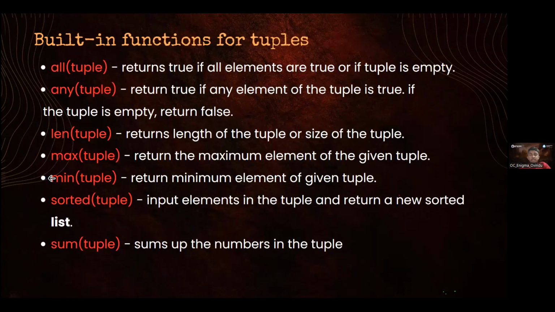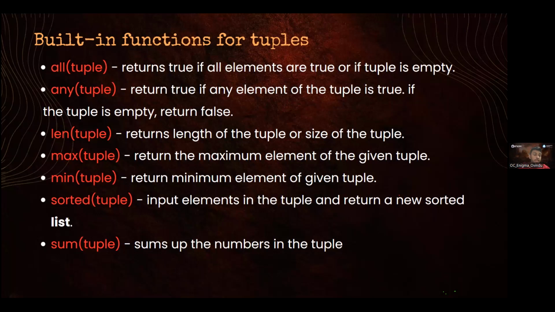So you can see below, we have a few built-in functions for tuples. These are a few functions that we can use. The all function would return if all elements in the tuple are true.